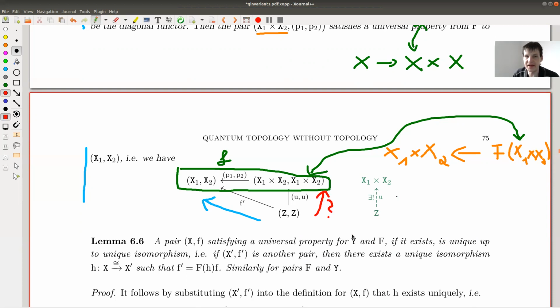This red one should be an f of something. And yes, it does. There exists a unique map from Z into the Cartesian product that makes this diagram commute. If you have a map from here to here, you can certainly find a map to the double thing such that you can go back, because you can't lose information. You have projection to one and you have projection to two.